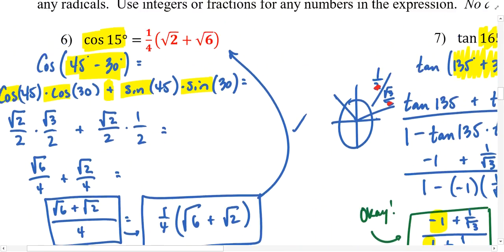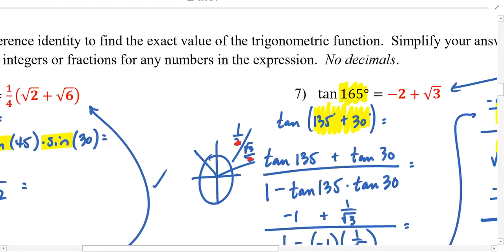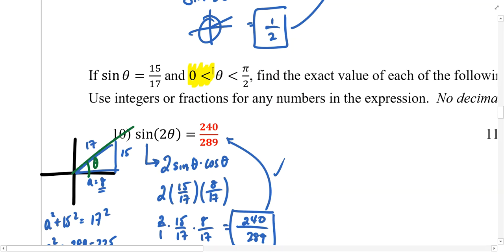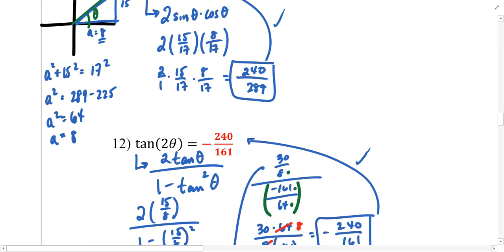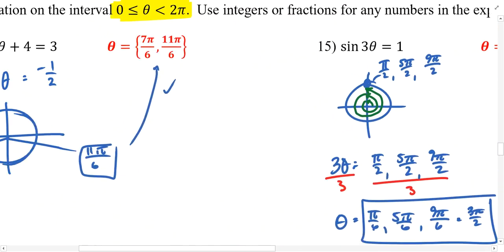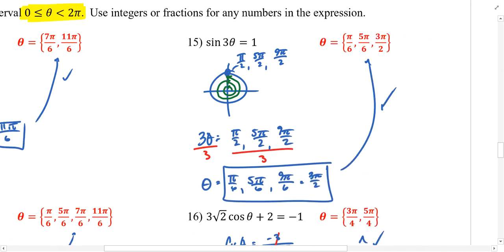Our domain restrictions are what we're looking for to identify whether we're operating in degrees or radians. I think we might see some more examples of that here shortly.